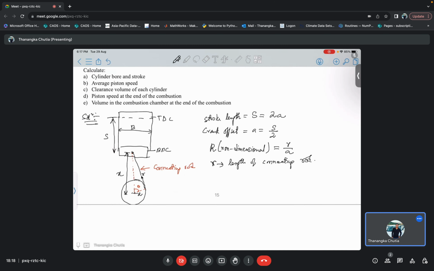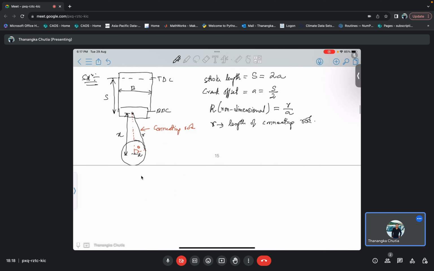So now from here you can calculate the distance between the crank axis and wrist pin of the piston, which is equal to X, and that equals A cos theta plus root over R square minus A square sin square theta.